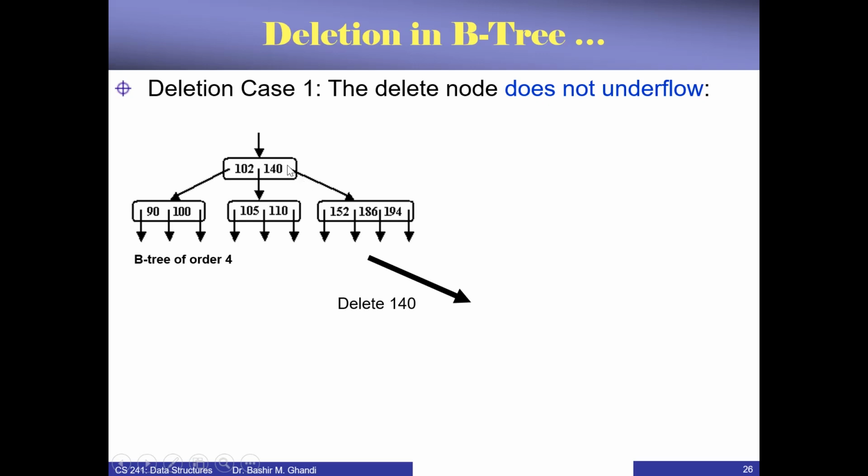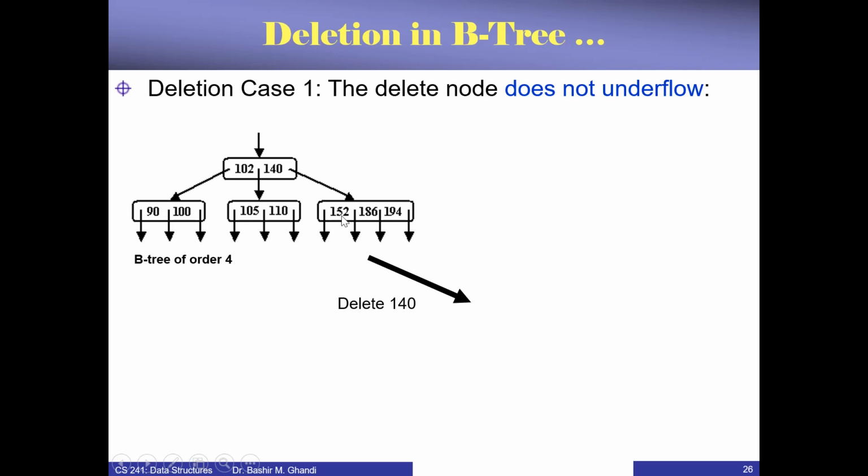Before you attempt to delete 140, you swap it with either its successor or predecessor. The successor of 140 is the leftmost key in this node, which is 152.